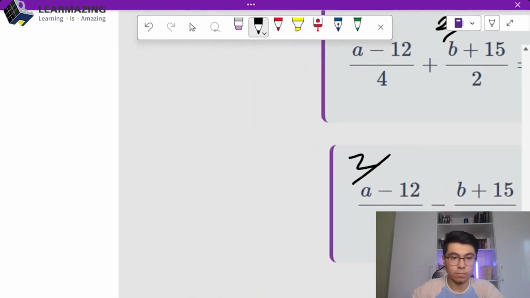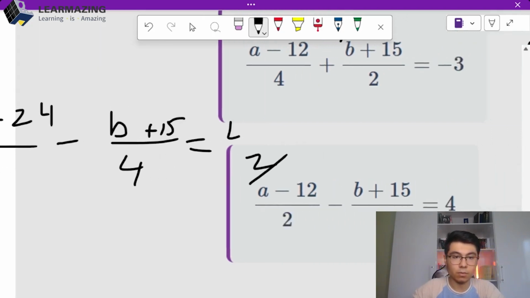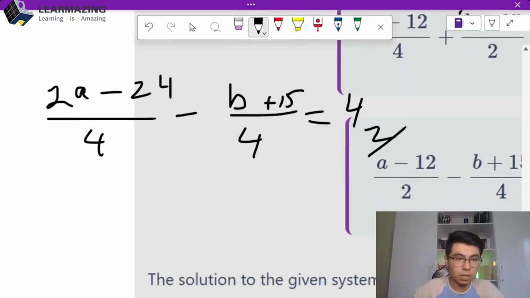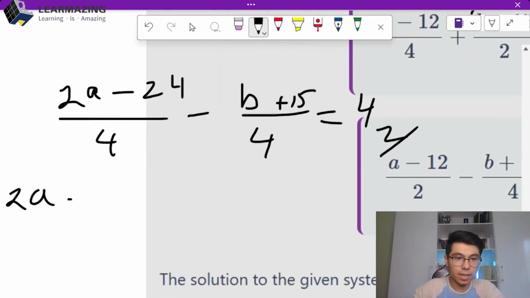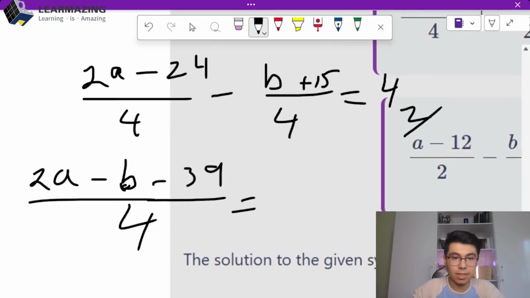So that would be 2A minus 24 divided by 4 minus B plus 15 divided by 4 equals 4. So from here, you can get 2A minus B minus 39 divided by 4, and that's going to equal 4.